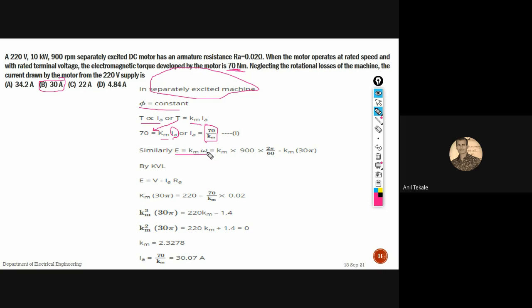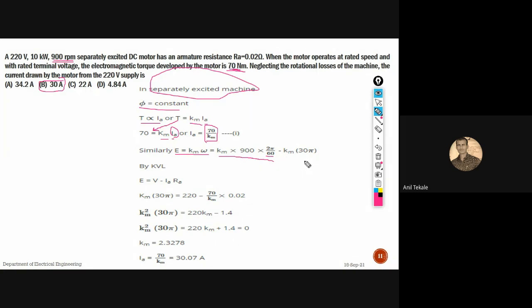Now for Km omega, the 900 is in RPM, so we will convert it into radians per second. We multiply by 2 pi by 60, which gives Km into 35.